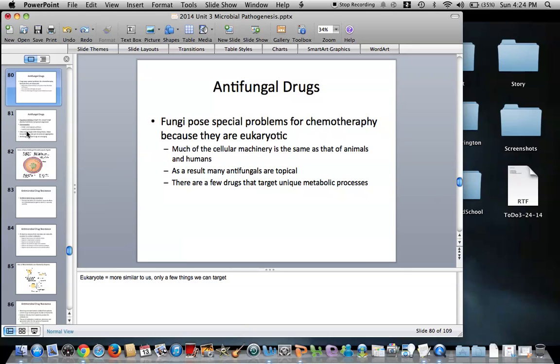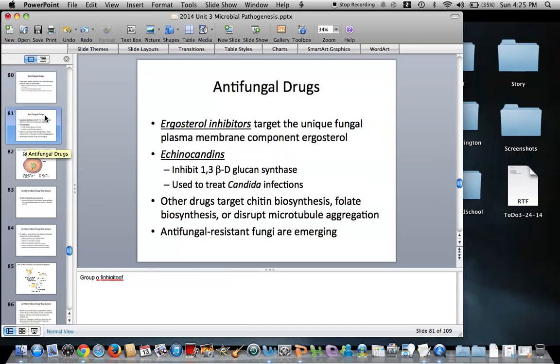Alright, antifungal drugs. Fungi pose special problems for chemotherapy because they're eukaryotic. Their cell machinery is a lot like humans', so you can't use streptomycin or daptomycin and that kind of stuff. As a result, many antifungals are just topical, and there are just a few drugs that target actual metabolic things.